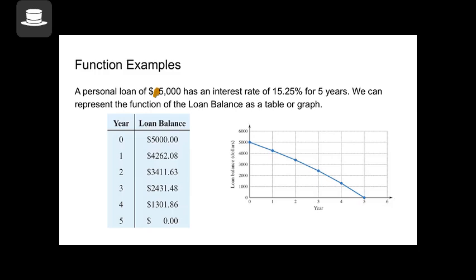Just noticing, we have in the left column our years, which is our x values, and then whatever function for the loan balance in the right column, and that corresponds also to the graph shown. For each year, we have a certain output that's represented by a number on this given curve.